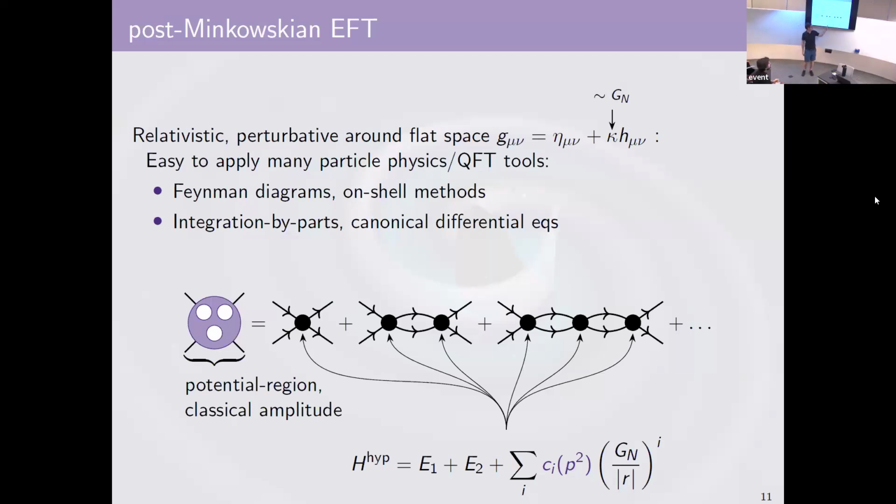We can simplify that as the energy of body one, the energy of body two, and then some G^n over r scaling potential, where each of the coefficients is dressing higher and higher powers of G. You take whatever you compute here, match it up against here, and then you can use that to fold back into either the EOB or do direct observable extraction, because this is a Hamiltonian. You know how to do stuff with Hamiltonians.